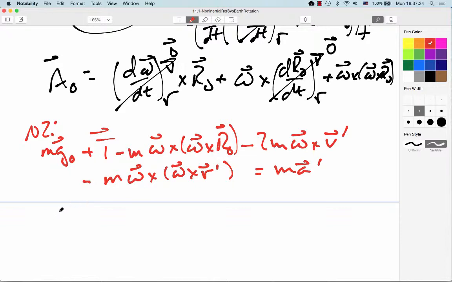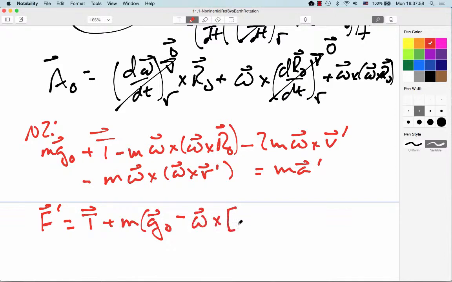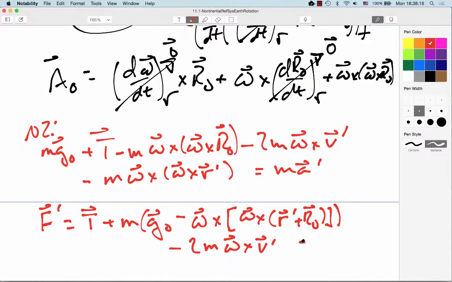The force as measured in the rotating frame will be the tension plus, if we group stuff around a bit, an m times g naught minus omega cross omega cross r prime plus r naught, minus 2m omega cross v prime, and that will equal our m a prime.